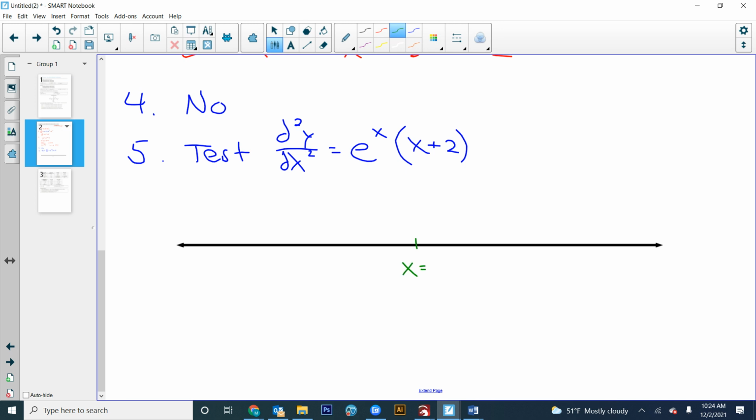X equals -2 is a possible point of inflection. Maybe we'll test -1. And we'll test, oops, that's not right, -3. And maybe we'll test 0.